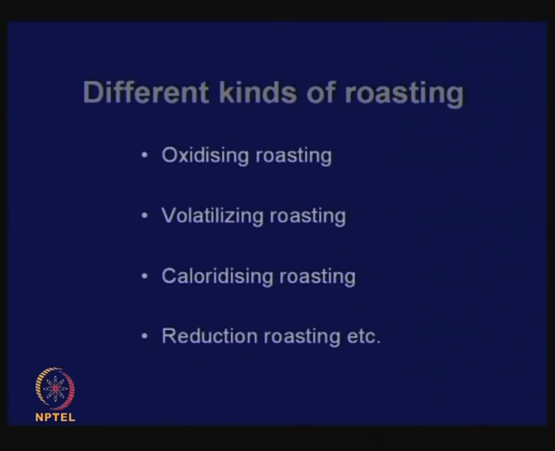And by chloridizing roasting, we mean that we heat it below the fusion point using a chloridizing agent like hydrochloric acid or chlorine to produce either a liquid chloride or a gaseous chloride, which will take out some element from the aggregate of other elements so that they get separated out.